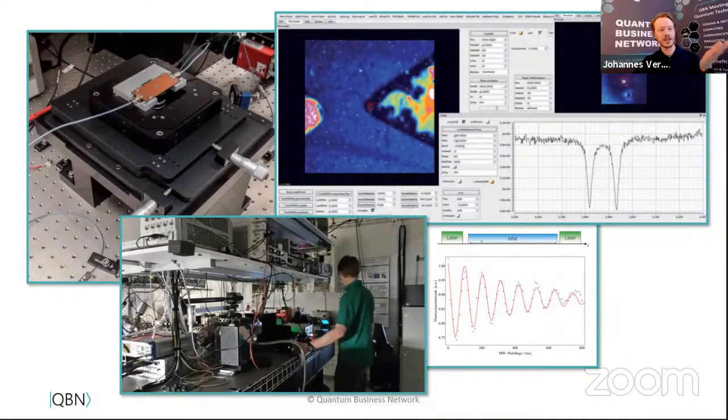So you can see here the setup, also the tip from a scanning microscope and a single NV center, and the Zeeman splitting, and also some spin gymnastics. Here is the Rabi oscillation.